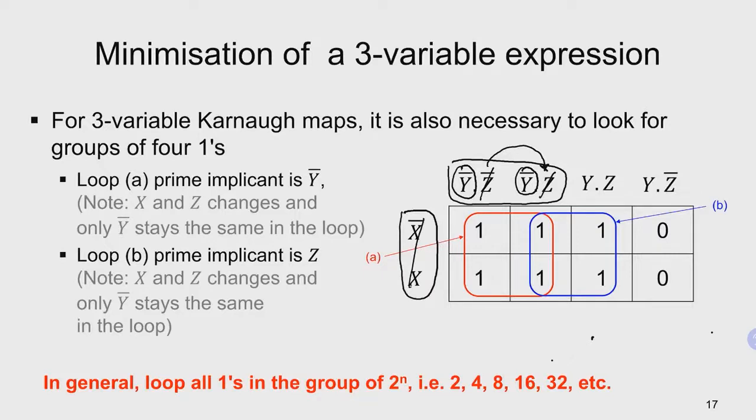So the prime implicant of loop A is equal to Y bar.